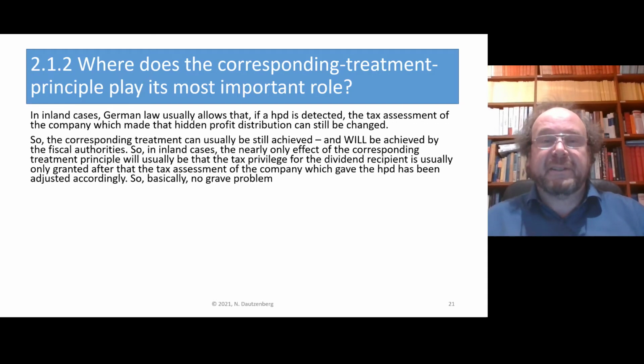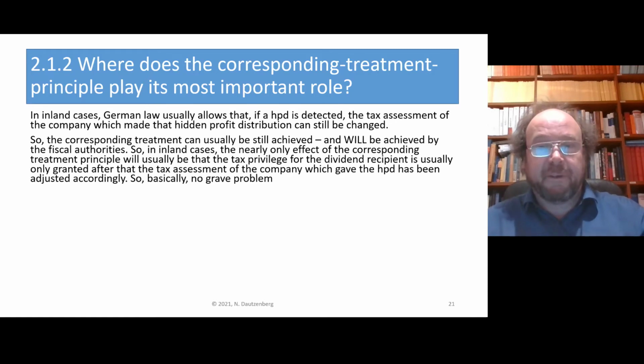And if that is noticed during the tax assessment of the shareholder, normally the tax officer working on the shareholder's assessment would inform the tax officer who works on the GmbH and say, please correct the GmbH assessment. You are allowed to do that even if the time limit is over under the rules of the AO. You have here an exception. You can still bring the two tax assessments in line.